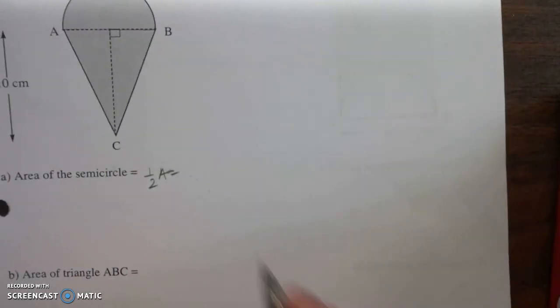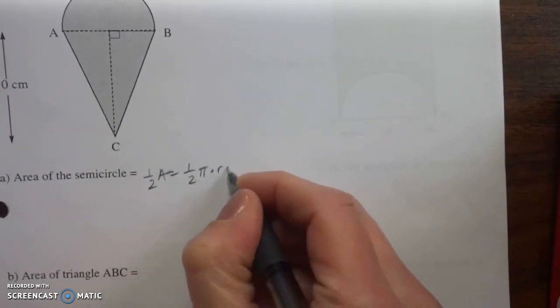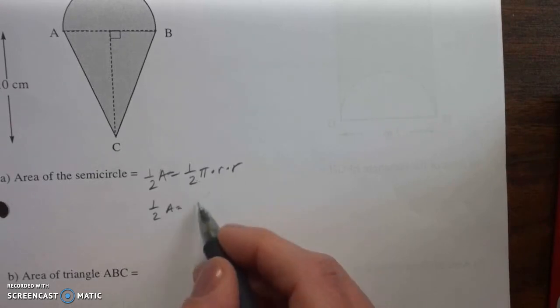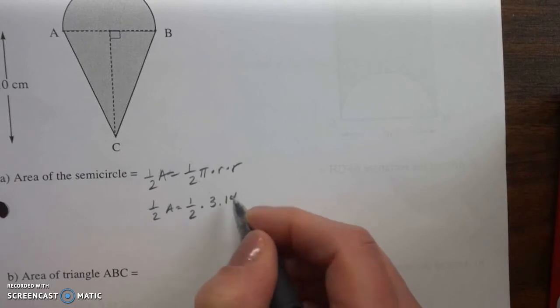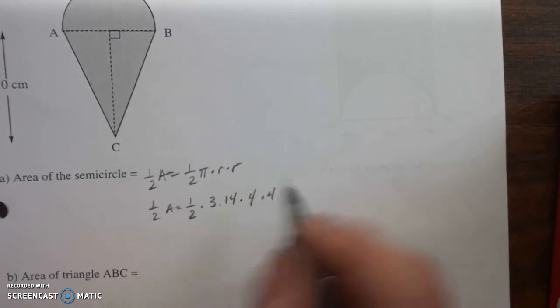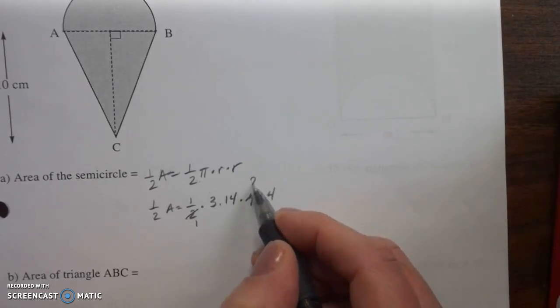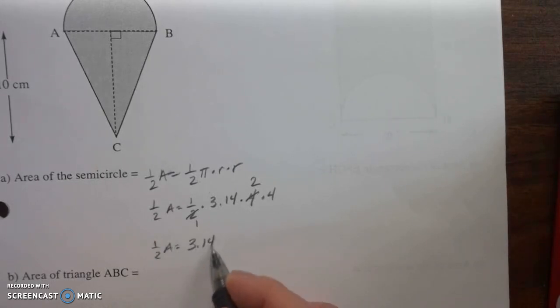So I've got 1/2 area equals 1/2 pi r squared, which equals 1/2 times 3.14 times 4 times 4. I'm going to cross cancel once here and cross cancel that with that 4, and I'm going to end up with 1/2 area equals 3.14 times 8.